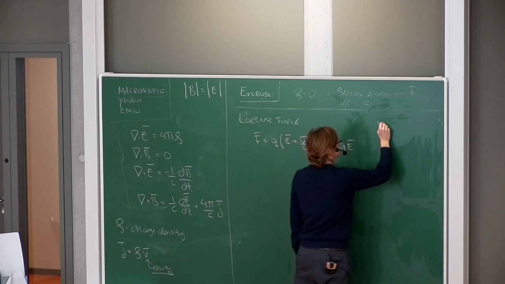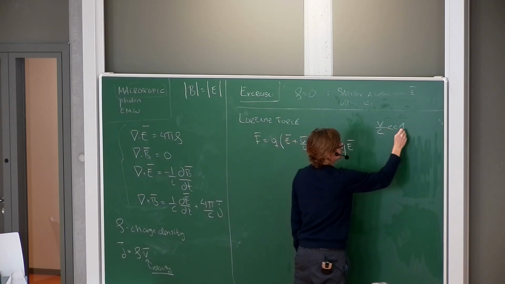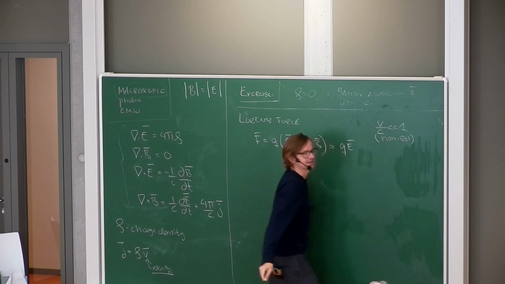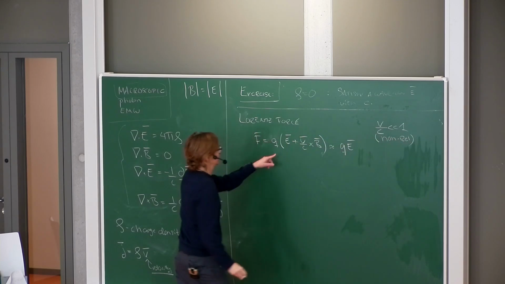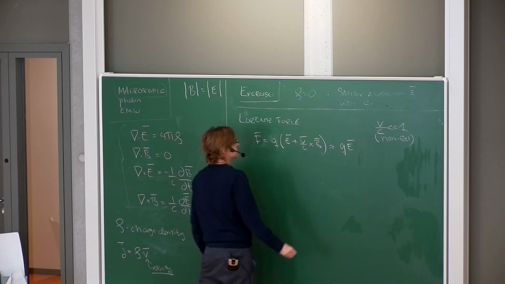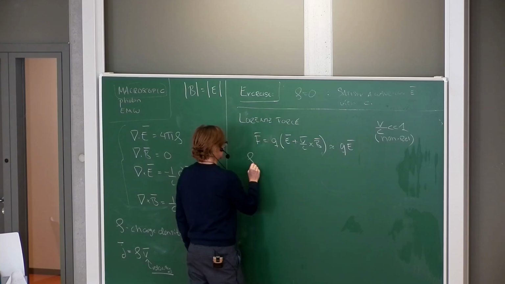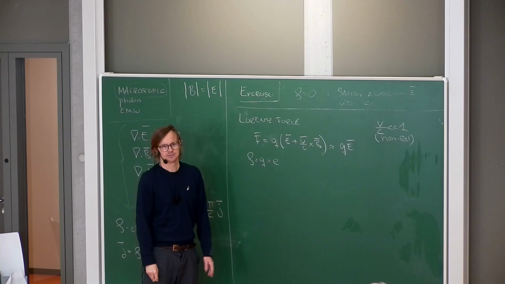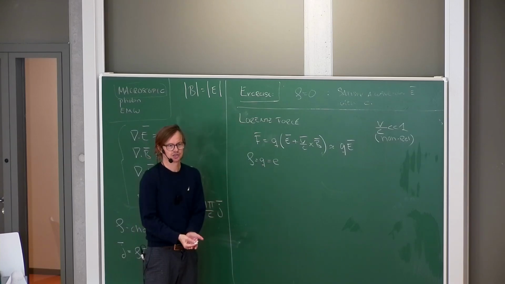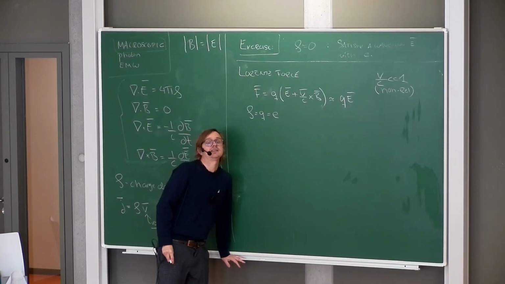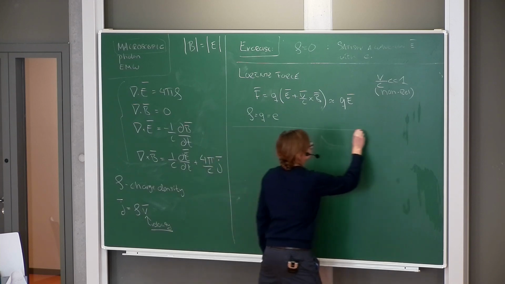This means that we consider only where v over c is much, much smaller than 1, the non-relativistic limit. Furthermore, for simplicity, we're going to work where the charge density equals q, typically set to the electron. That's just a single charge, which of course could also be positive, but for simplicity of notation, we're going to take it to be the electron.